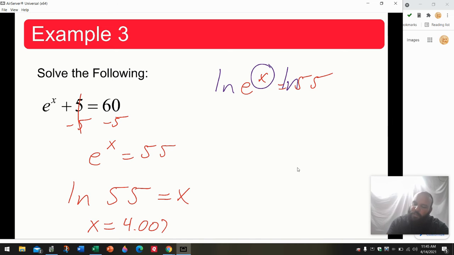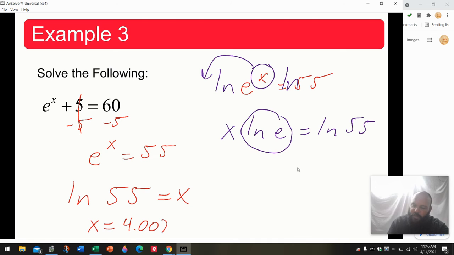So we will utilize the power property to bring this x down, and we'll be left with x times natural log of e equals natural log of 55. Now, hopefully you recognize that natural log of e is log base e of e. And when that happens, it turns into 1, and we're left with x equals natural log of 55.